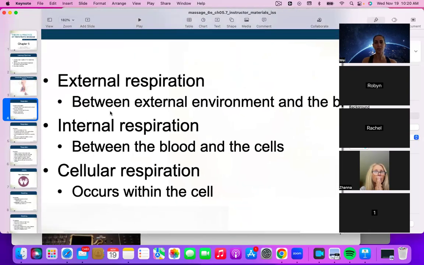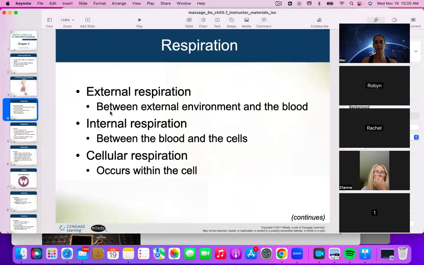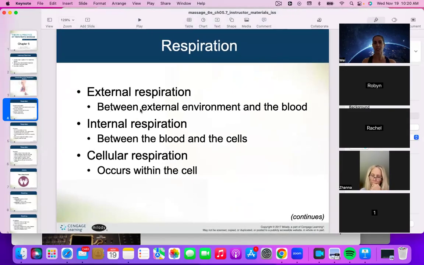Okay, so what are the three types of respiration? Right here. First, we've got external respiration, and that's between the air in the environment and the blood. So it's the exchange between the environment and the blood, and it takes place in the lungs. So we breathe in the air. In the cardiovascular system, we have the relationship between the heart and the lungs, right?